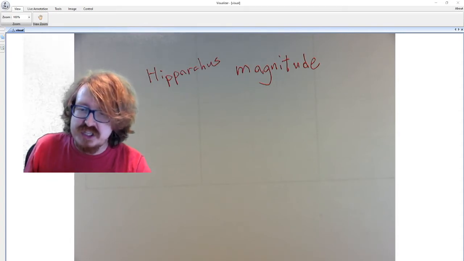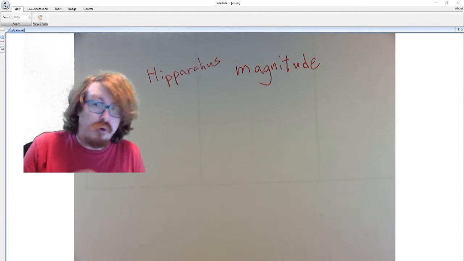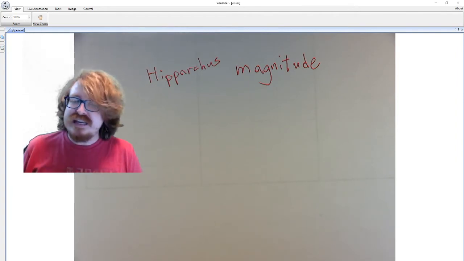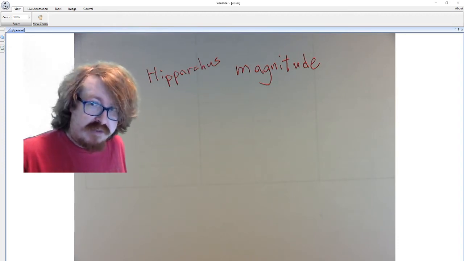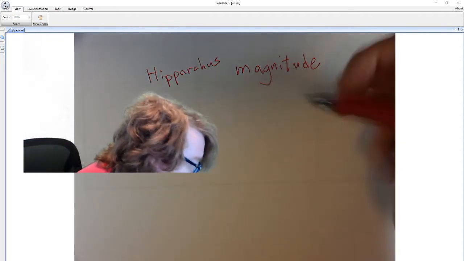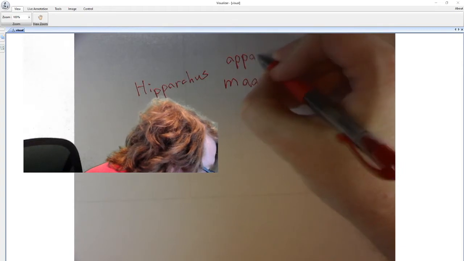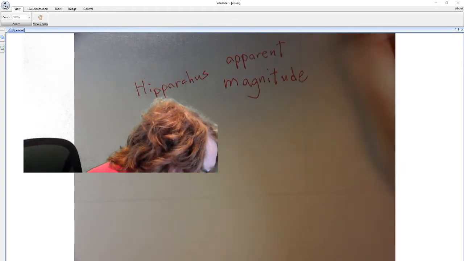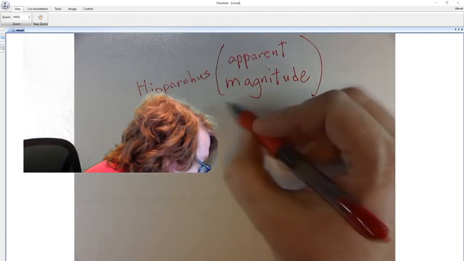So this system for apparent brightness is hundreds of years old. Technically, it's called the apparent magnitude, but I frequently just shorten it to magnitude.